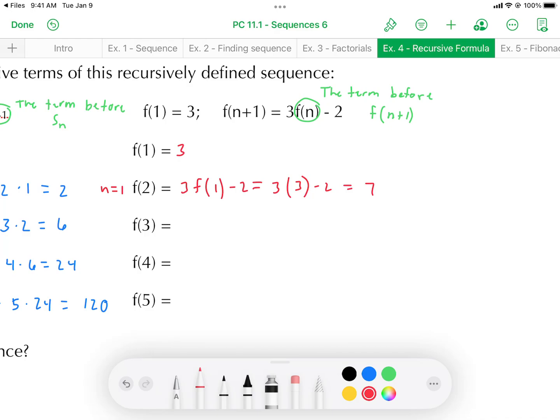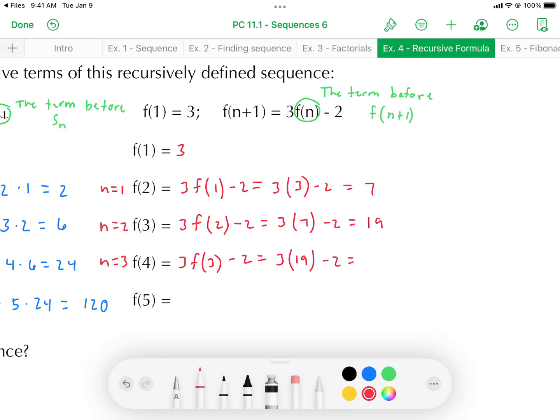F of 3, that means n is now 2. So this equals 3 times f of 2 subtracted by 2, or 3 times 7 subtracted by 2, which is 19. F of 4 means n is 3. So this equals 3 times f of 3 subtracted by 2. That's 3 times 19 subtracted by 2, or 55.